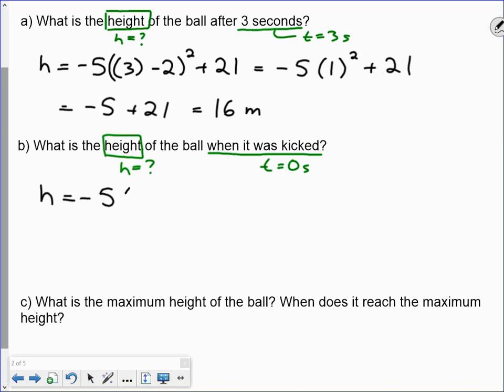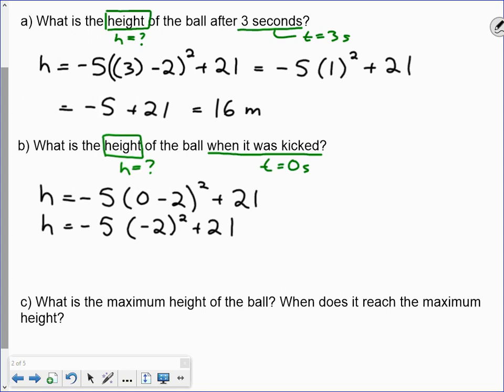Our formula is the same thing as it was before, but instead of subbing in that value of 3, we're going to sub in a value of 0. And we're just going to evaluate using order of operations. We're going to keep everything the same. 0 minus 2 is -2 squared plus 21.